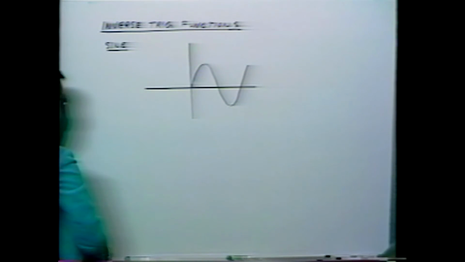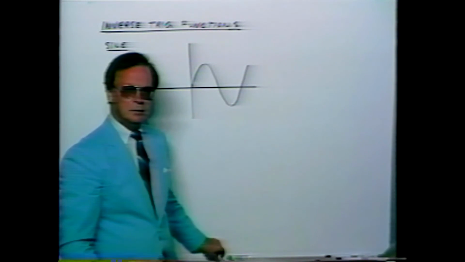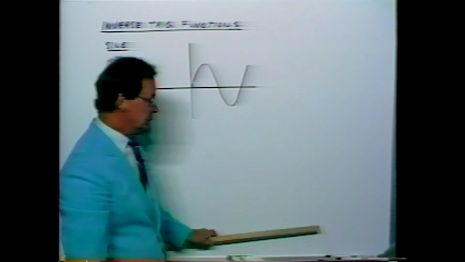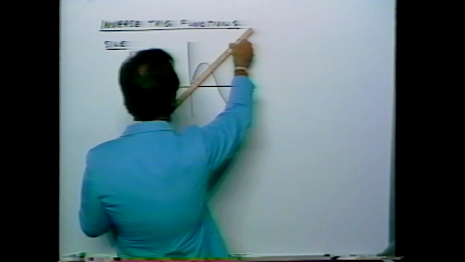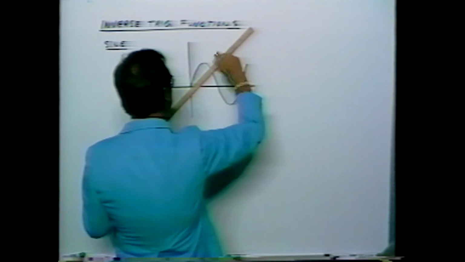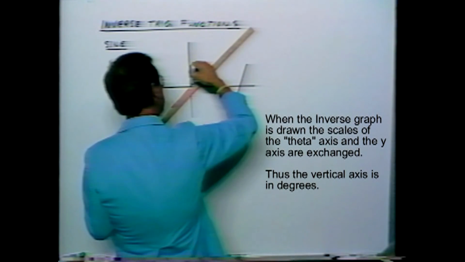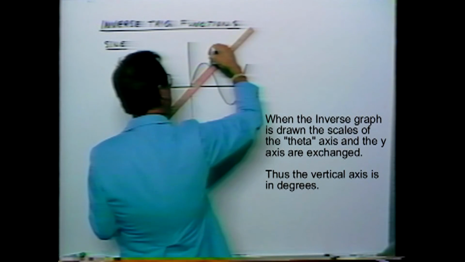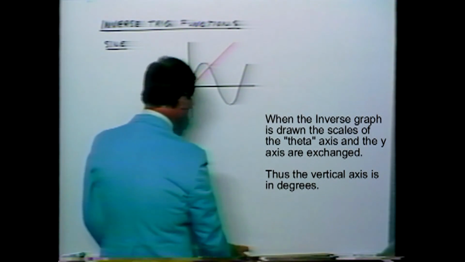The inverse graph to this curve can be determined by drawing a 45-degree line through the origin and having it act as a mirror, where the line I have drawn is reflected through it.